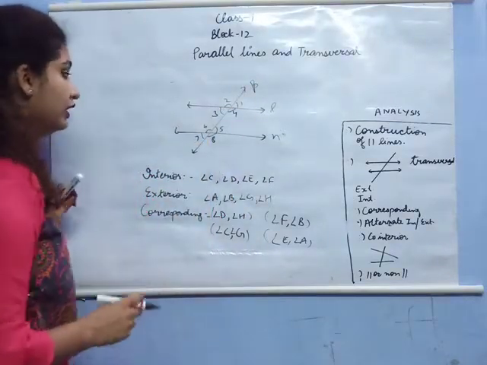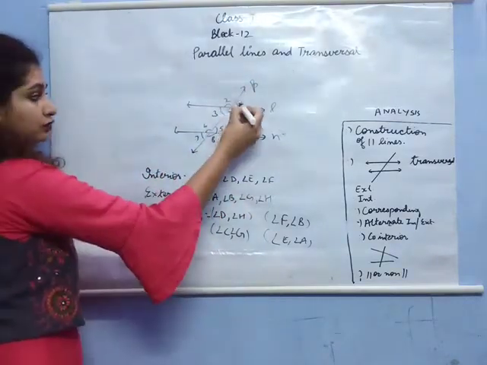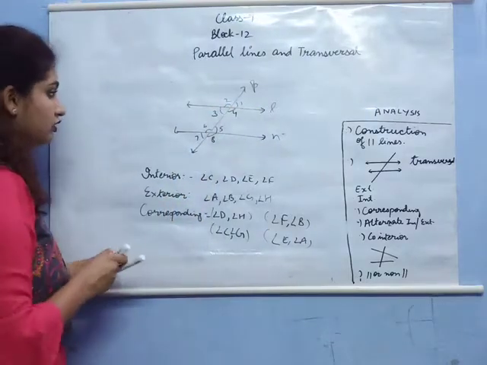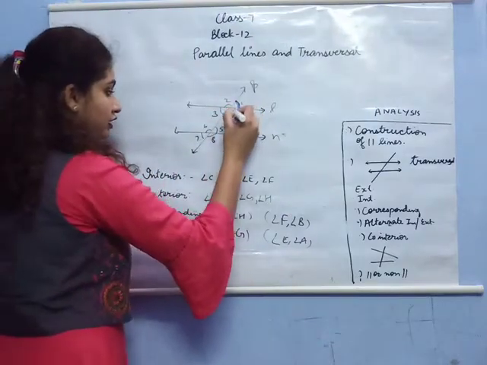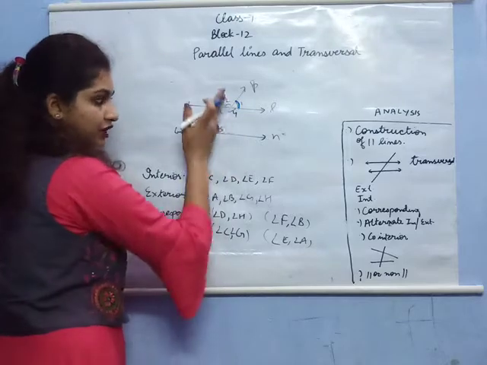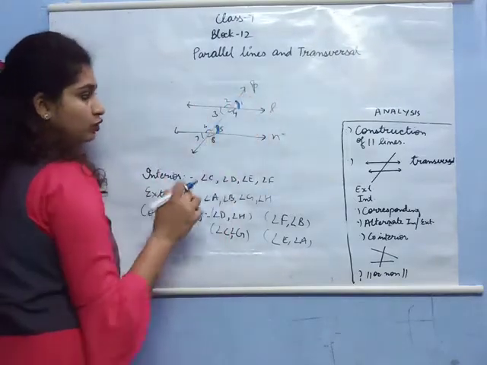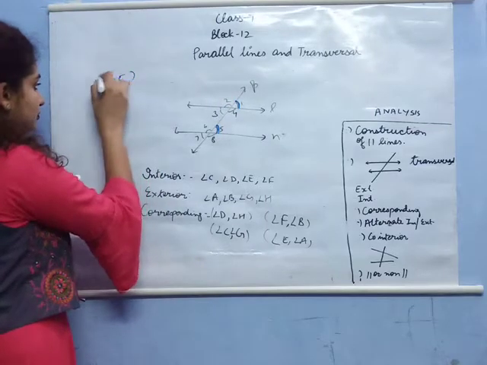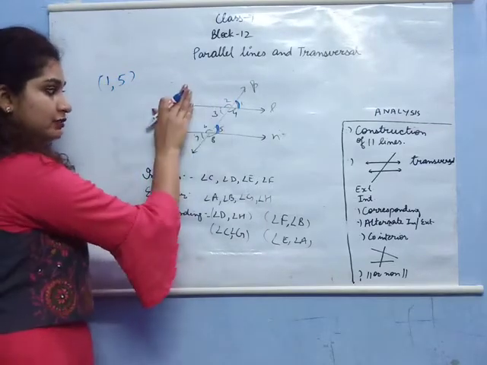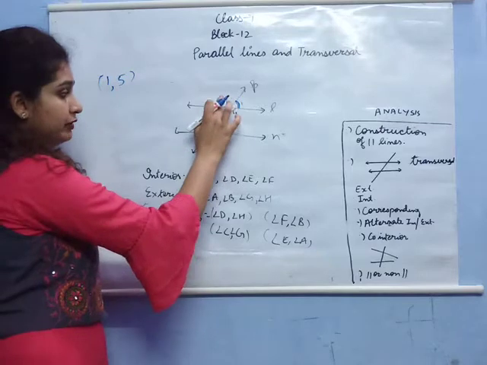If I count the corresponding angles, this angle 1 is corresponding to this 5. Same side of the transversal, one is inside the region and one is outside. So 1 and 5. Similarly, on this side of the transversal, it will be 2 and 6.